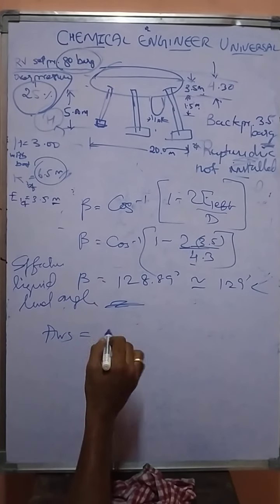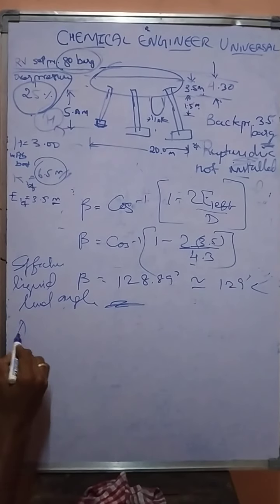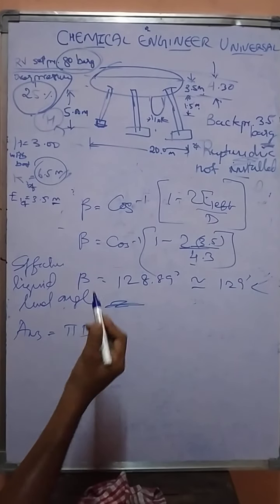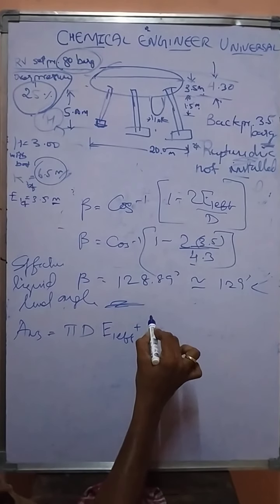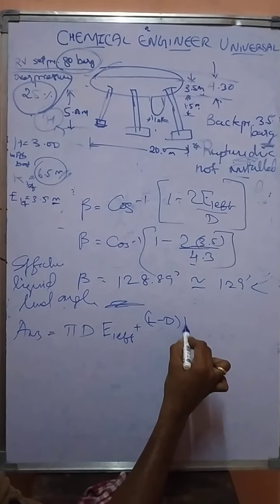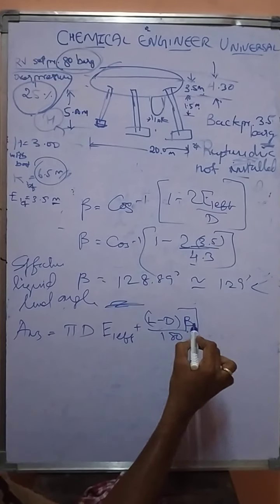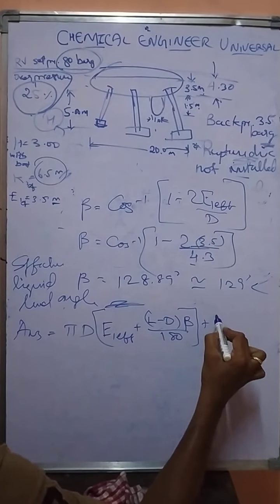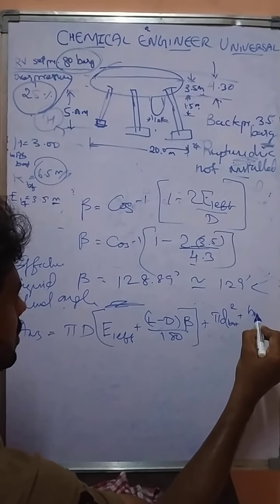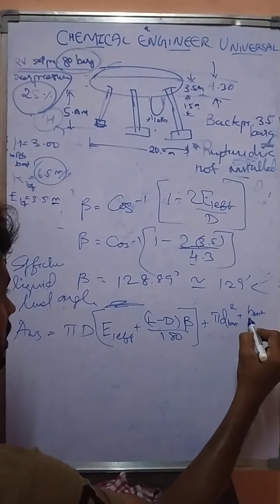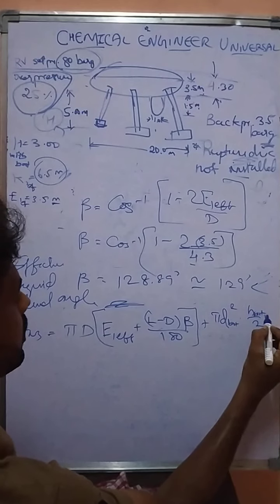Take the formula: AWS is equal to pi D into E1 effective plus L minus D into beta divided by 180, plus pi D boot square plus H boot divided by 2 plus 1.